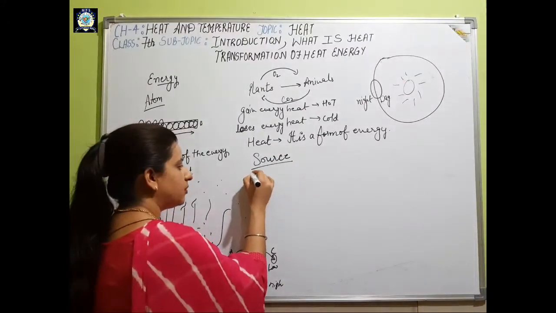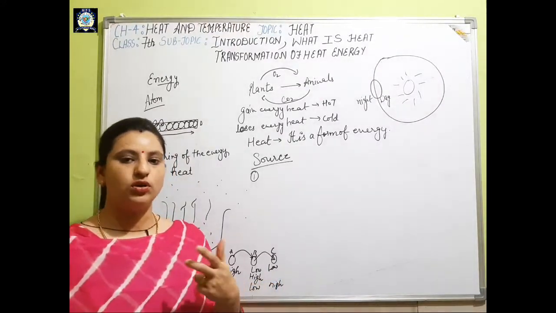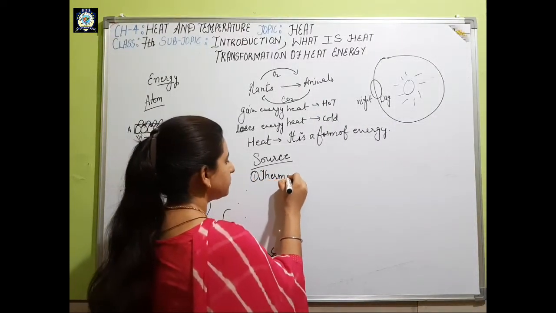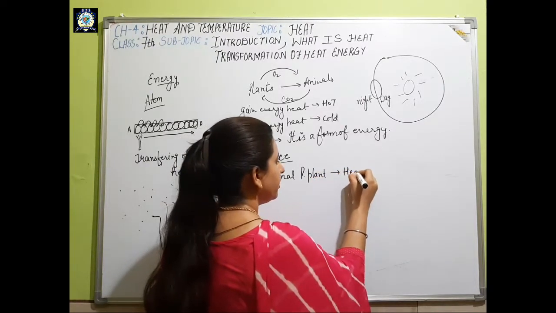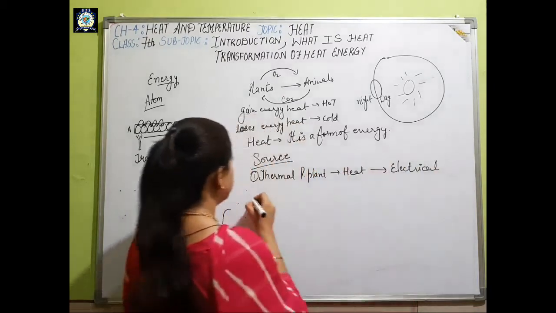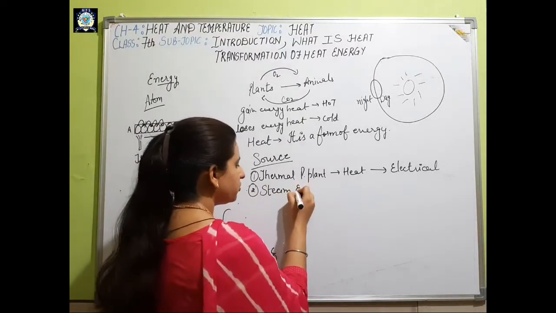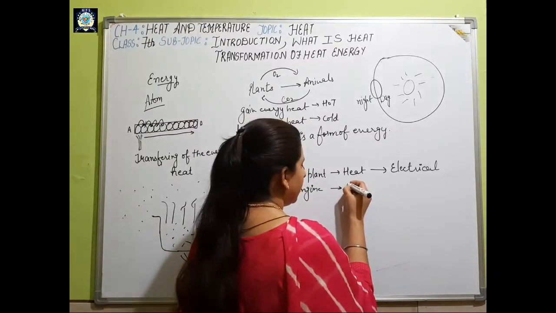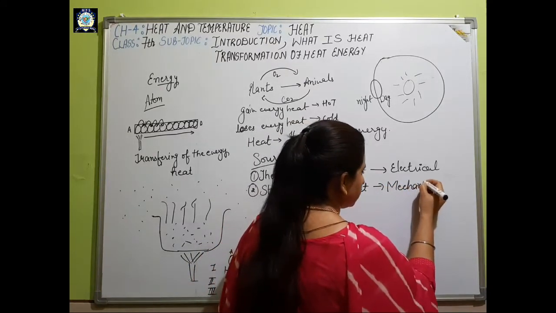There are different examples by which we can learn how the heat energy can be transformed to other forms of energies. First we will take the example of a thermal power plant. In a thermal power plant, the heat energy gets transformed into electrical energy. Second, in the case of a steam engine, the heat energy gets transformed into mechanical energy.